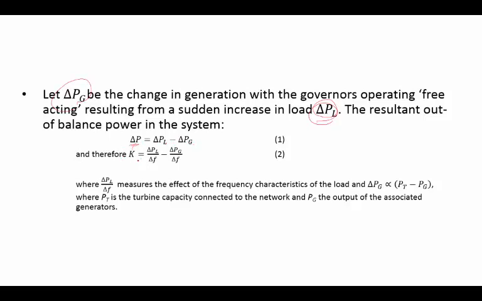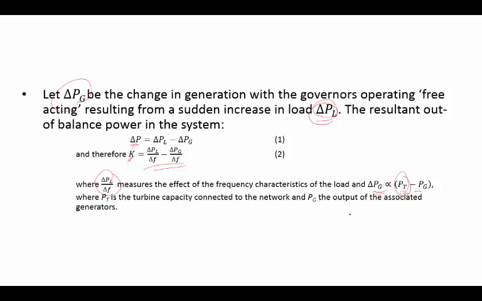Therefore we can write this value in terms of K: delta PL over delta F minus delta PG over delta F, where delta PL over delta F measures the effect of frequency characteristics on the load, and delta PG reflects PT minus PG.